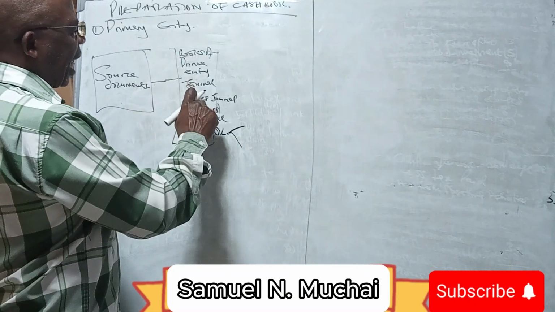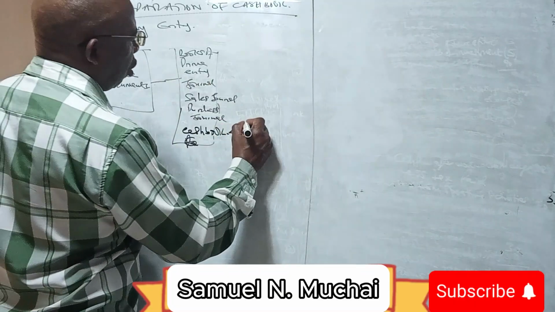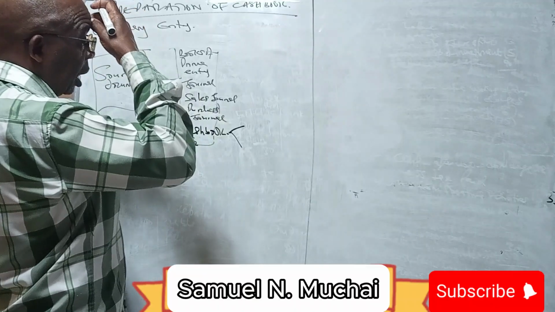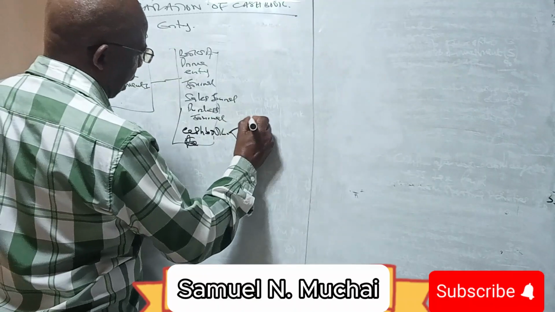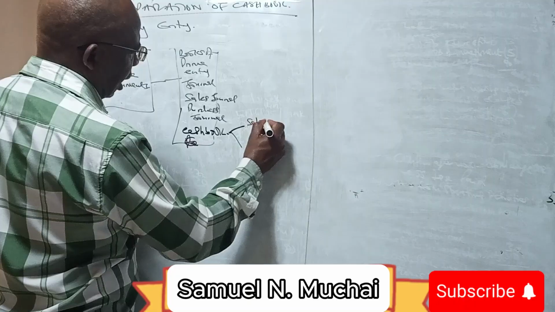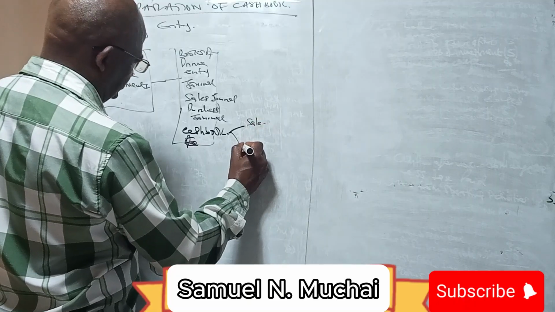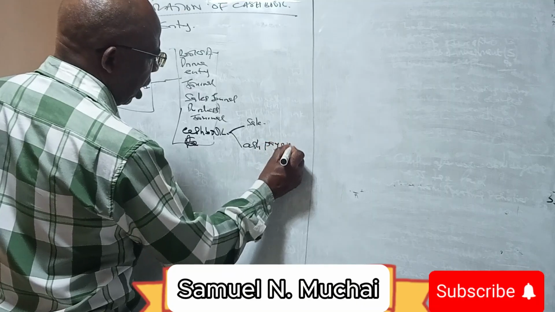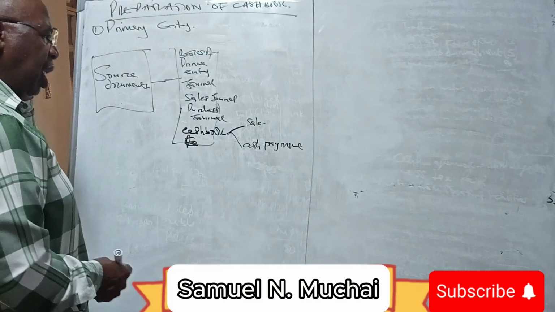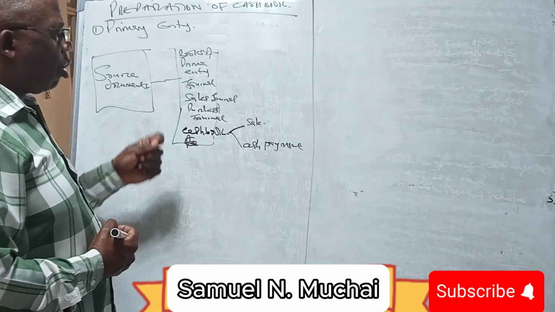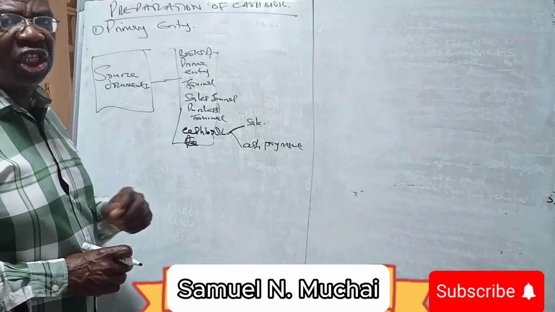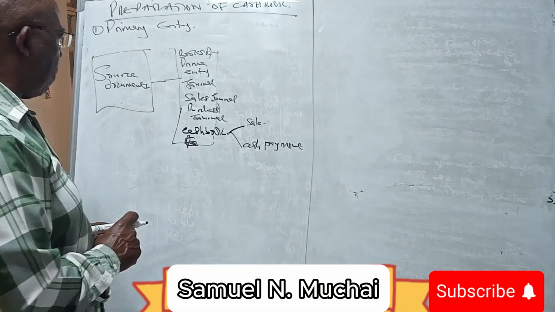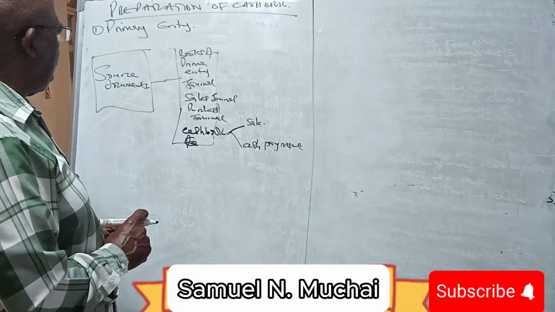But when we sell in cash, we record it in the cash book. Cash sales and cash payments. And by payment, I mean payment either using actual cash or using money in the bank, using checks to pay.